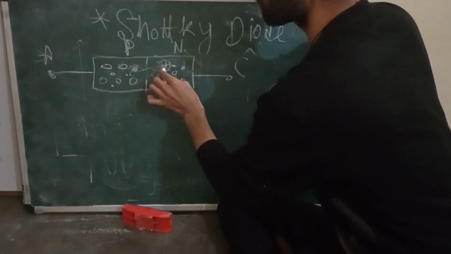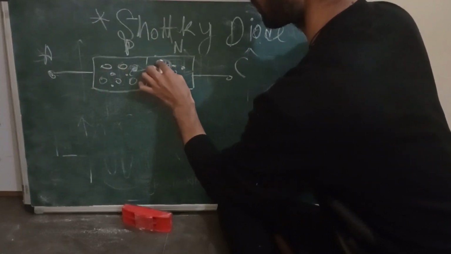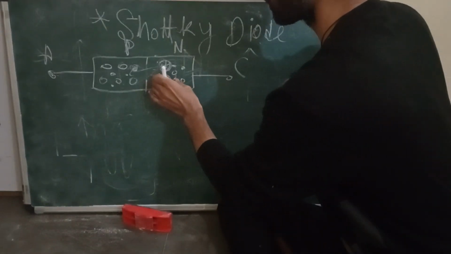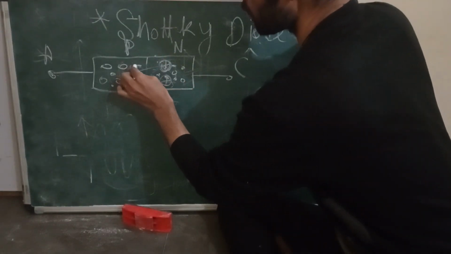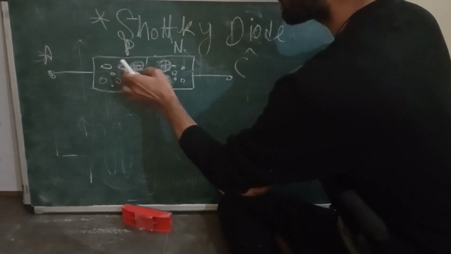These are donor ions. The P side becomes negatively charged because it is accepting the electrons, so these are acceptor ions.